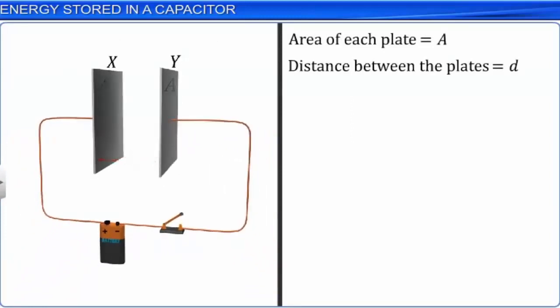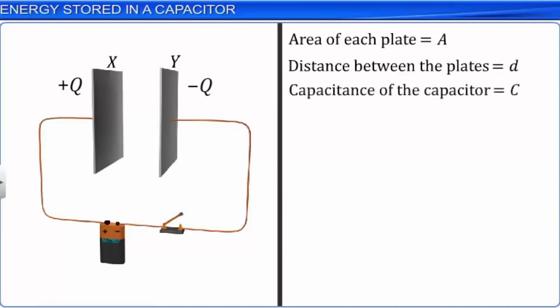When the plates X and Y of the capacitor are connected to a battery, one of the plates is given an excess charge plus Q and the other is given a charge minus Q. The plates X and Y are connected to the positive and the negative terminals of the battery, respectively. Let the capacitance of the capacitor be C, which is a constant.